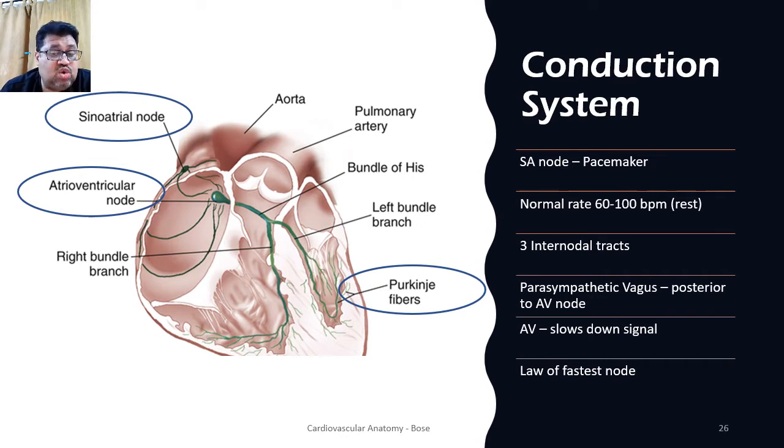However, the AV node and the Purkinje fibers produce impulses which are significantly slower than the sinoatrial node. Therefore, the sinoatrial node takes precedence over the AV node or the Purkinje fibers and suppresses that signaling mechanism. This is called the law of the fastest node.